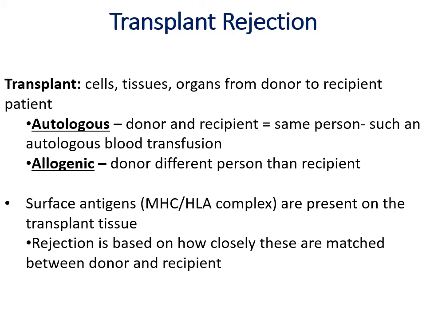Now, what's going to decide the degree of rejection or the potential for rejection are the HLA antigens that are on the transplanted tissue, right? So whenever someone's having an organ transplant, it's very important for the medical team to get the closest match possible of the HLA proteins, right?